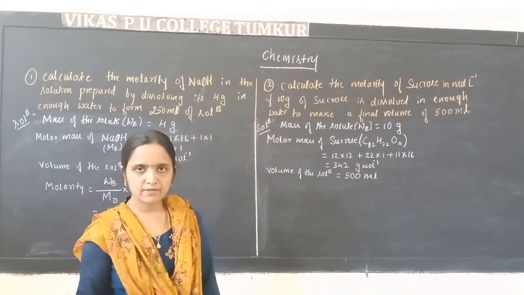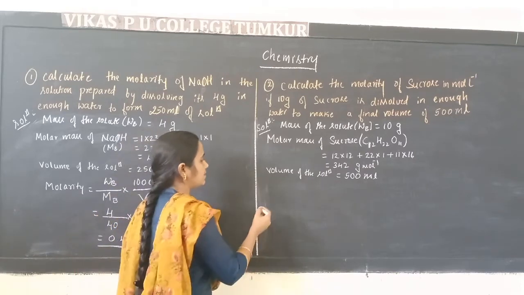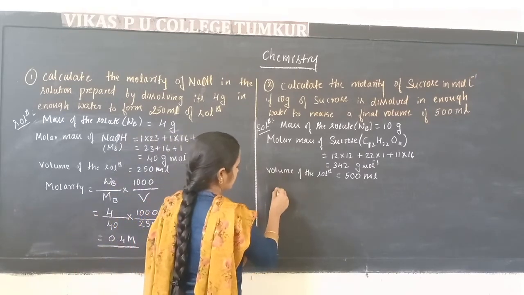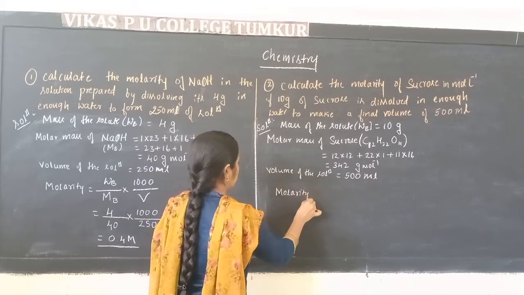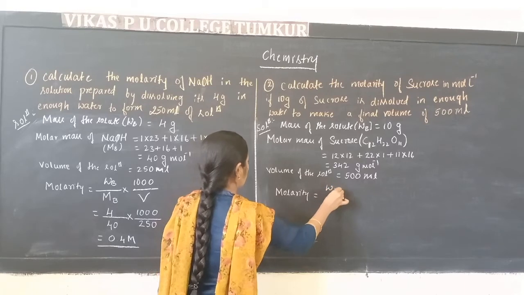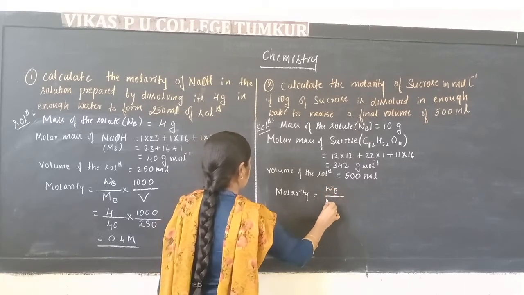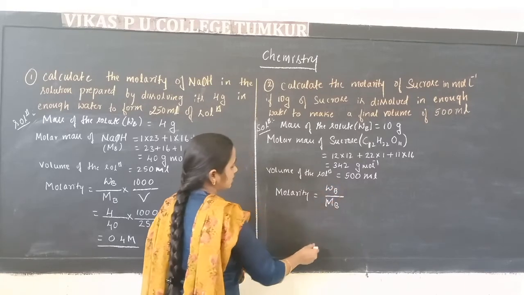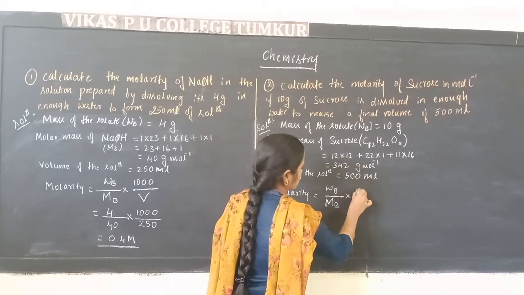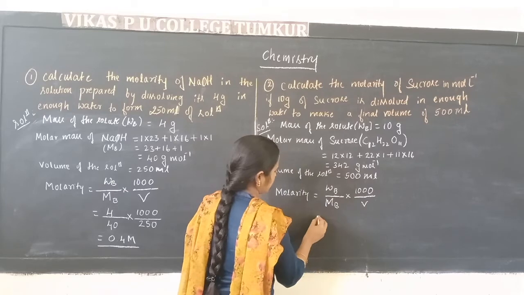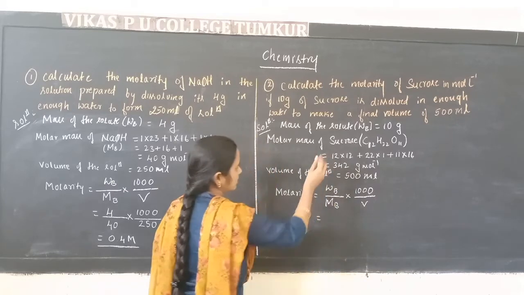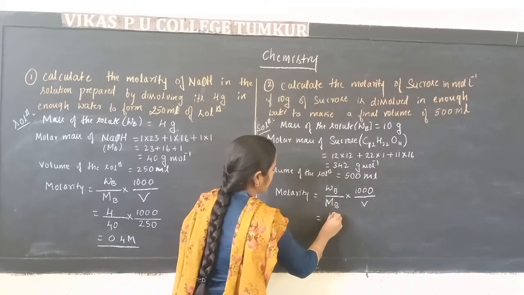The formula used to find the molarity of the solution is molarity equal to WB divided by MB into 1000 divided by V. How much is WB? 10 gram.